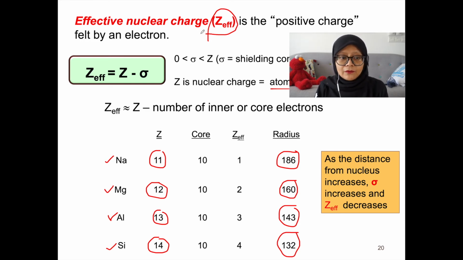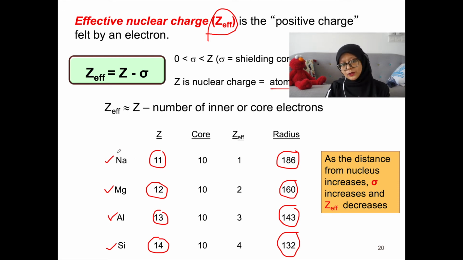And the formula in order to find the value of Z effective is Z minus sigma. Z is the atomic number, while sigma is the number of inner shell electrons, or what we call the shielding constant. So in order for you to find the Z effective, here for example I have sodium, magnesium, aluminium, and silicon. This is the arrangement of elements across the period.